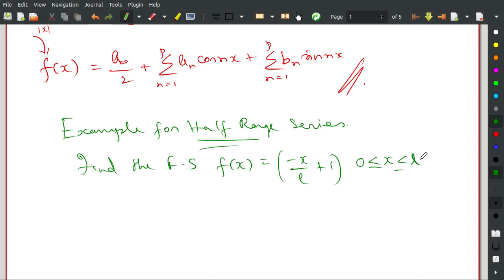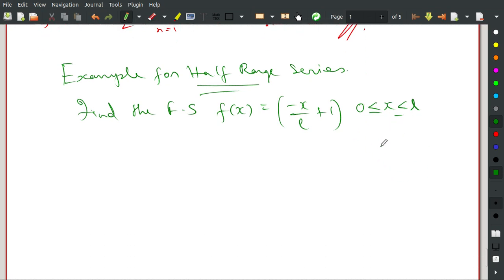If it is from 0 to 2L or minus L to L, then it is a full range series. So this is an off range series.